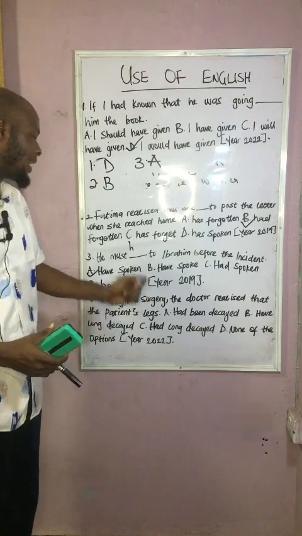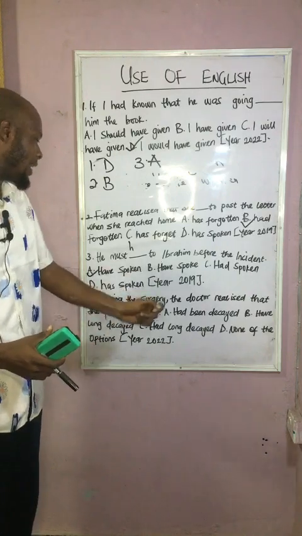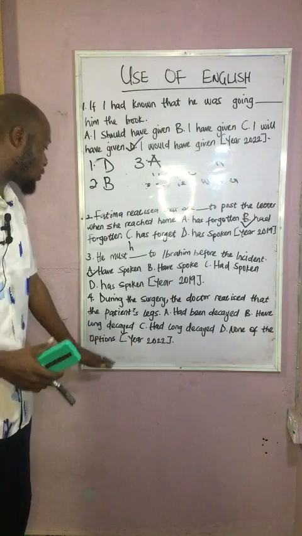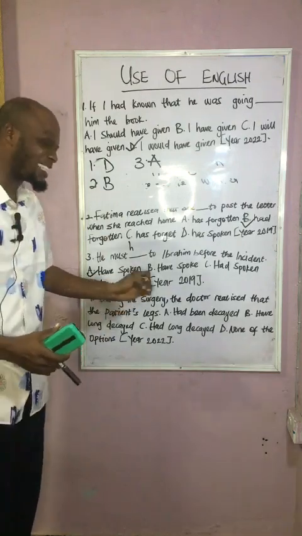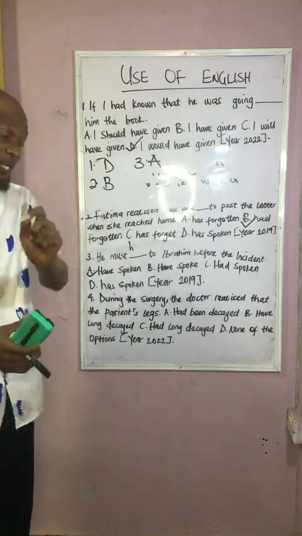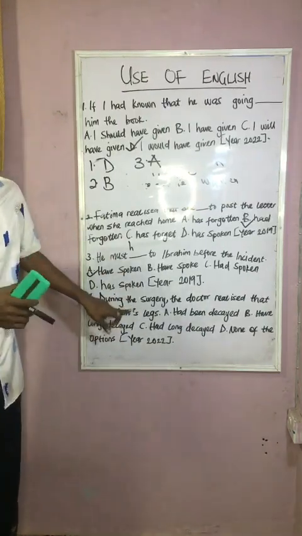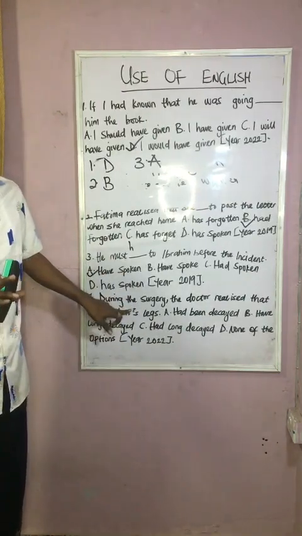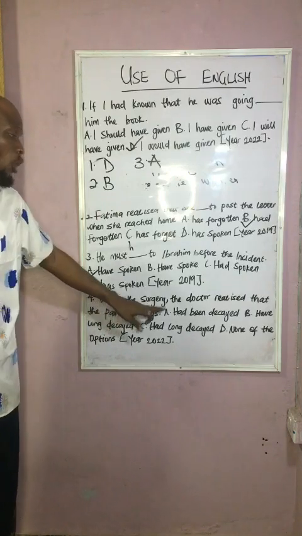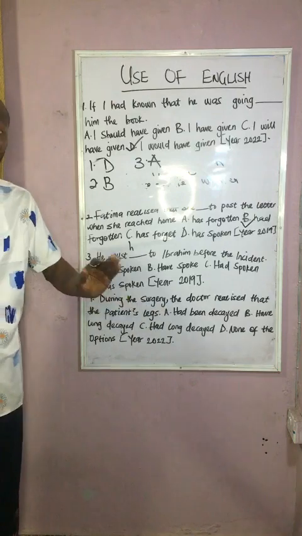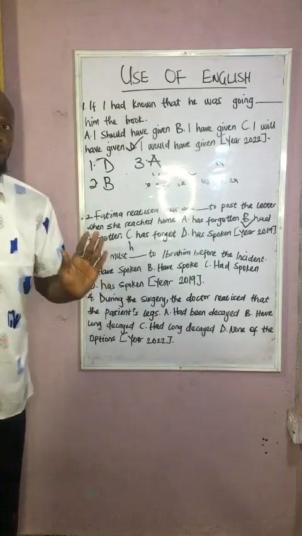decayed, had long decayed, none of the options. This question here is a bit tricky in the sense that you need to interpret this sentence before you can identify the appropriate answer. During the surgery, that shows that the surgery has been concluded.